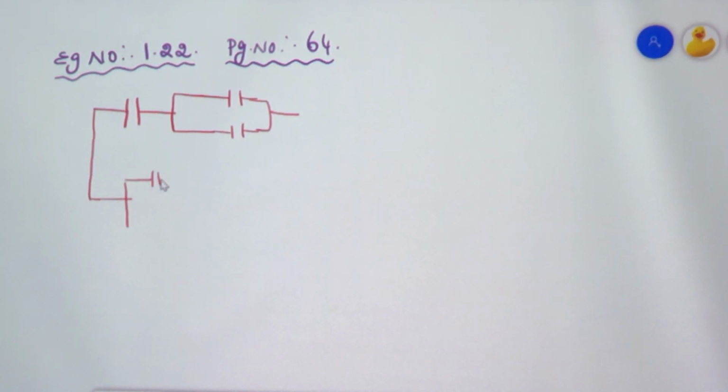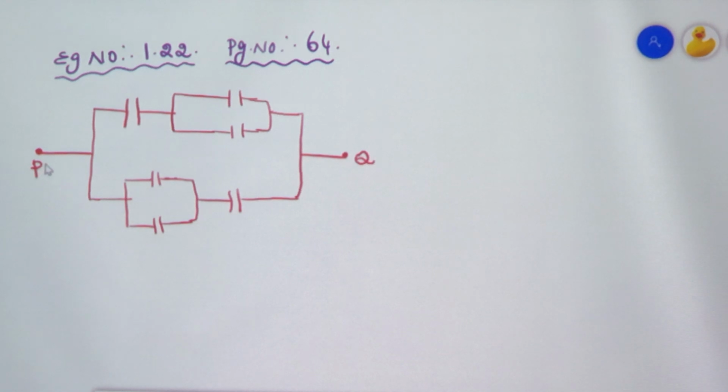So here we are having two more capacitors. Then here we are having a capacitor and the other end is connected or shorted out. Here they are having a point Q. Here you are having a point P.